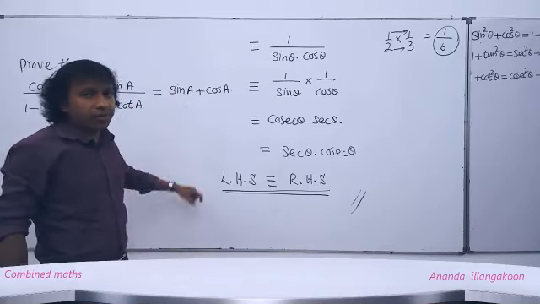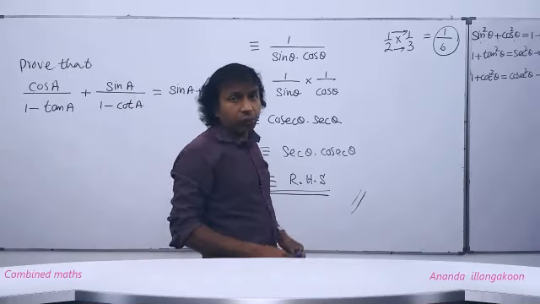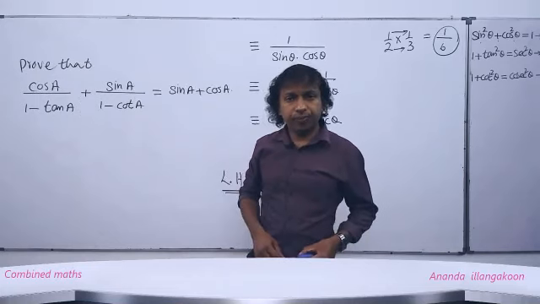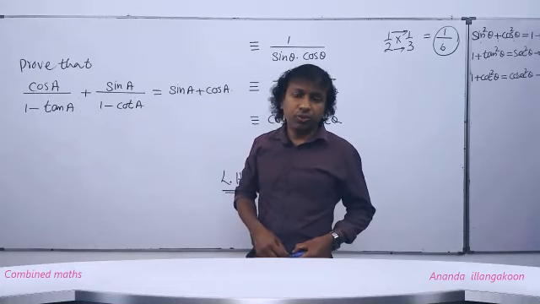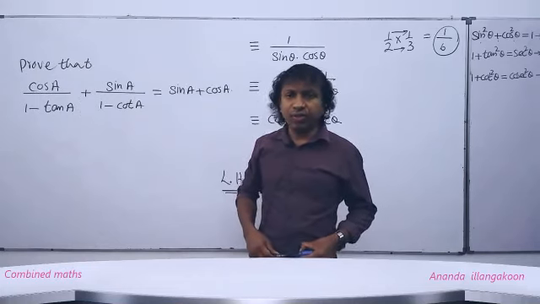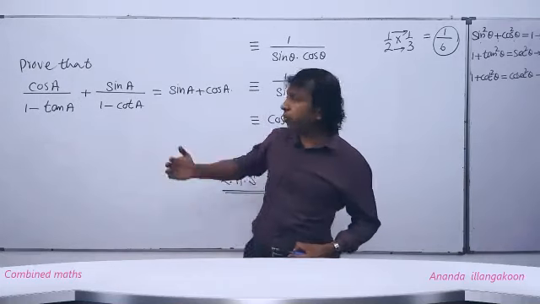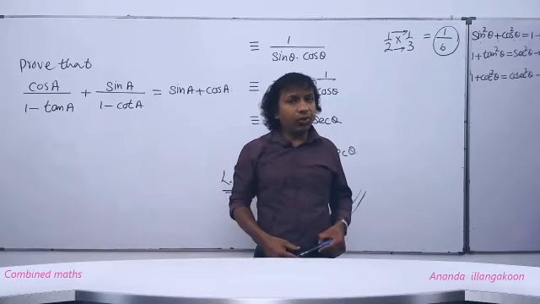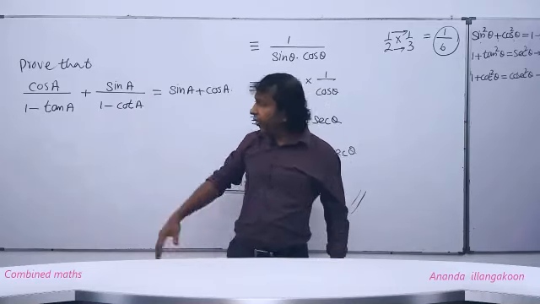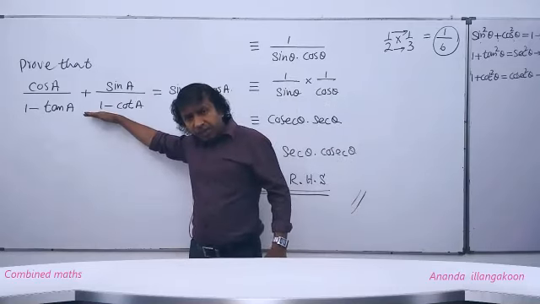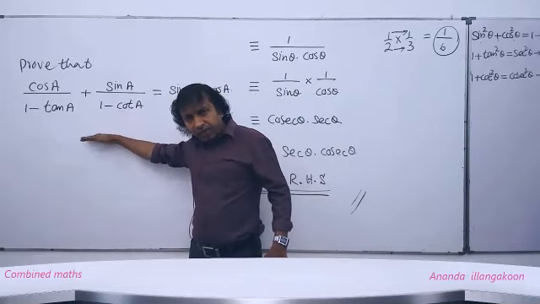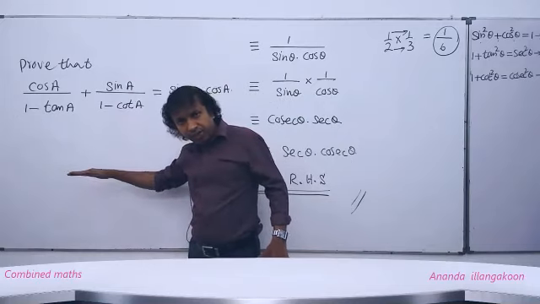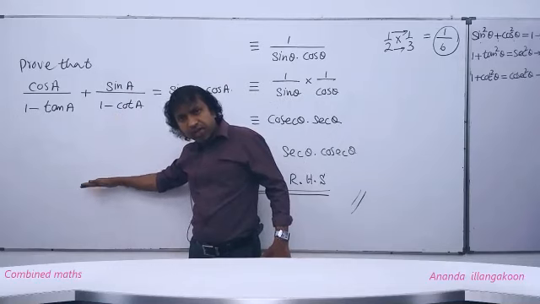But people, it is not always a rule to start from the left hand side. If somebody likes to start from the right hand side, keep simplifying that, you can obtain the left hand side answer. That's also another way. Now the third way also we have, people. We start from the left hand side and keep simplifying to a particular extent, and we take a particular expression.